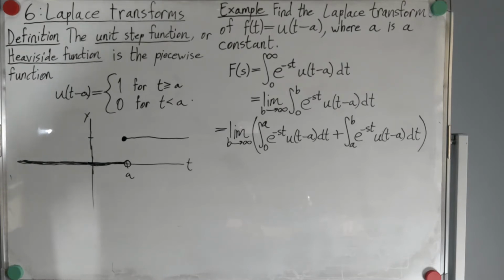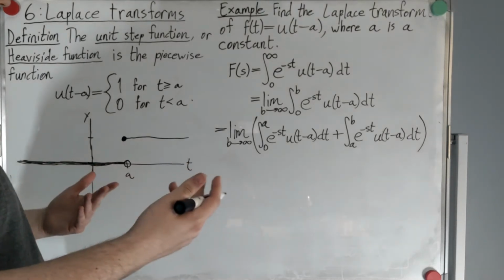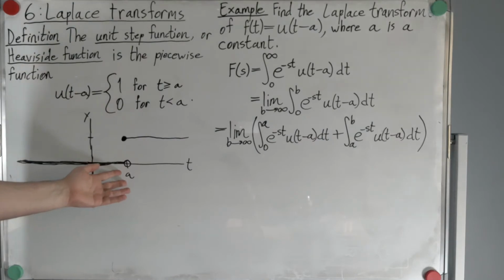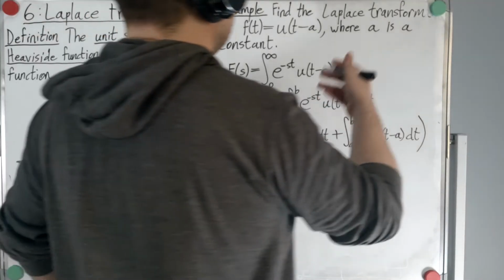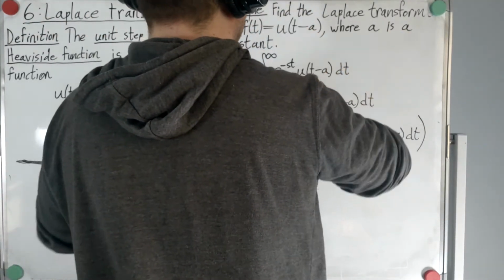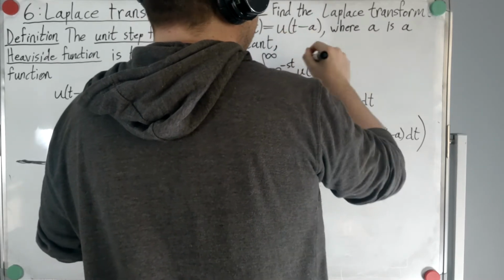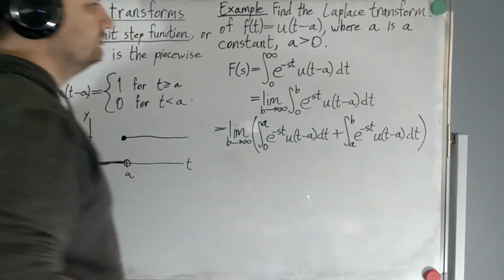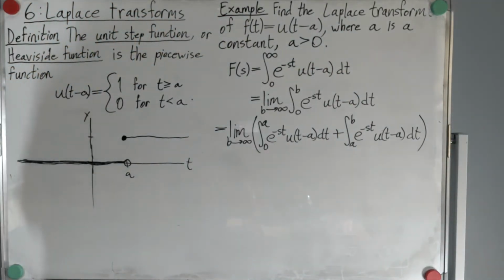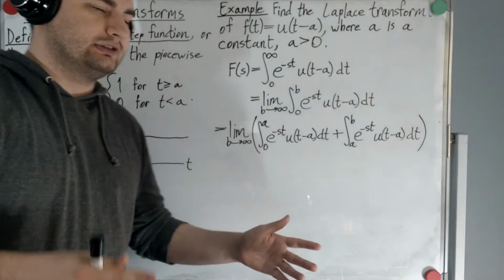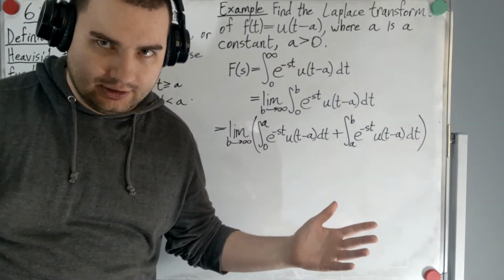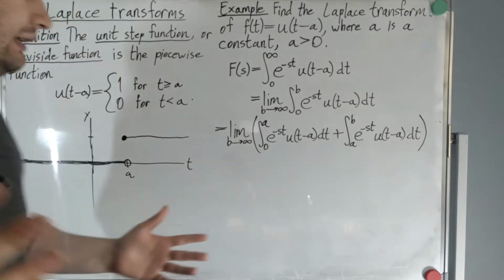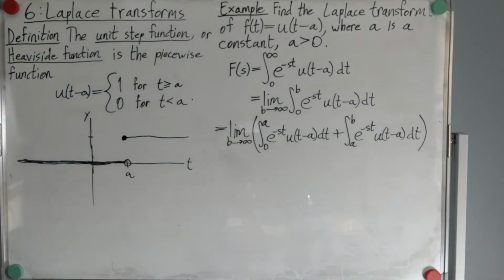So, let's say that a is greater than 0, which is what we're proposing in this diagram here. Let's actually put that condition in: a is a constant, a is greater than 0, just to simplify things. The truth is it won't actually make a difference whether a is greater than 0 or not, but that's fine.